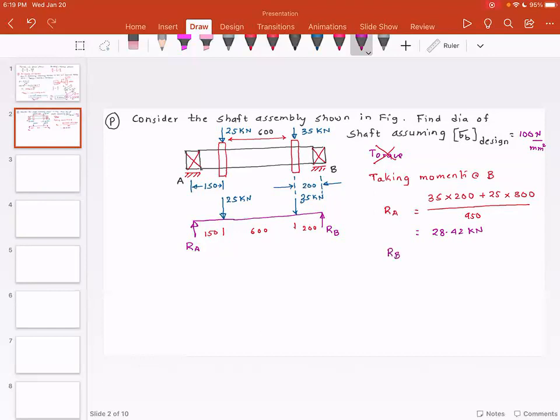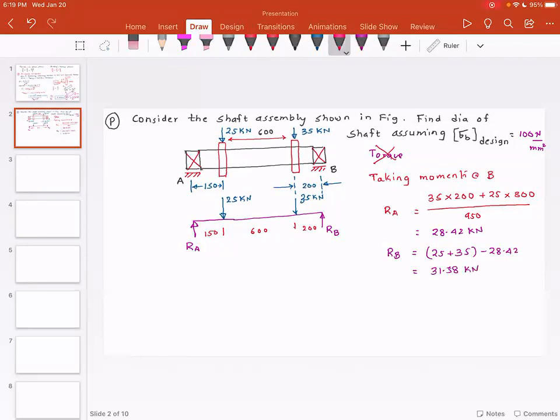RB is equal to the total load, 25 plus 35, minus 28.42, which is 31.58 kilonewton.